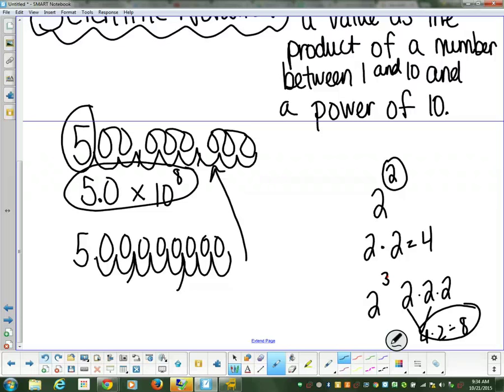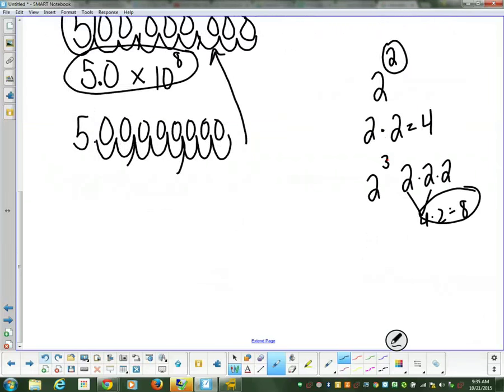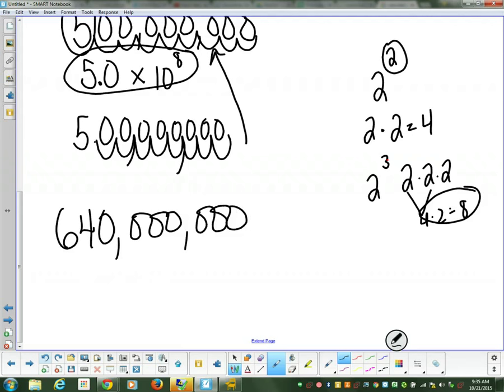All right? Let's do another example together. Let's say that I went to get a lottery ticket and I won the lottery. And I ended up with $640 million. And I want to express this in scientific notation.